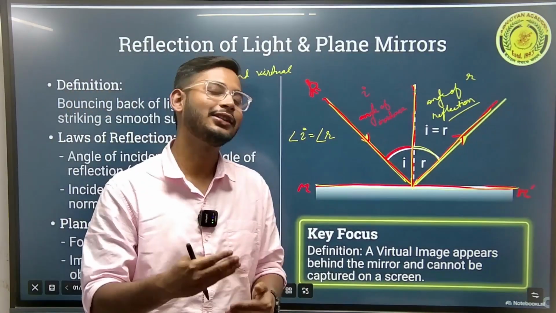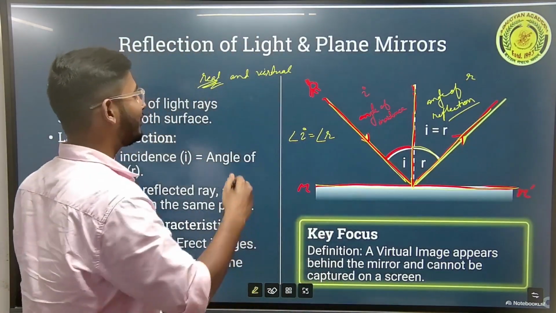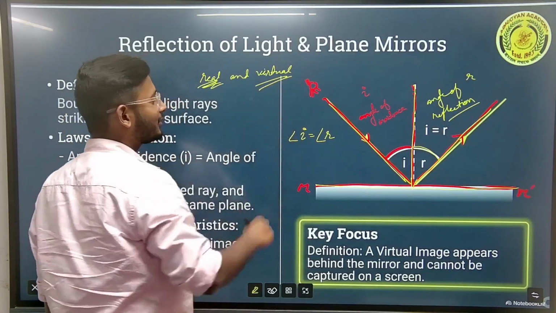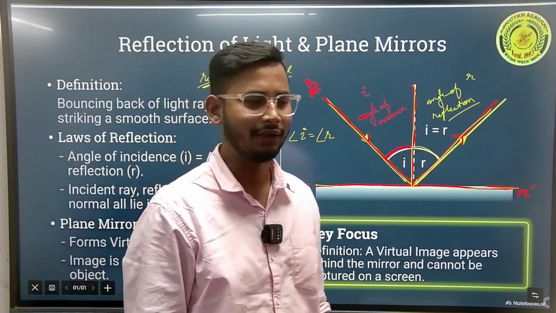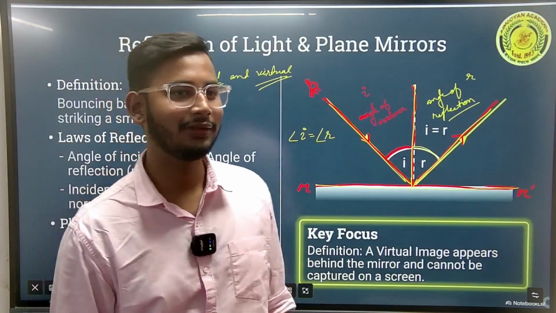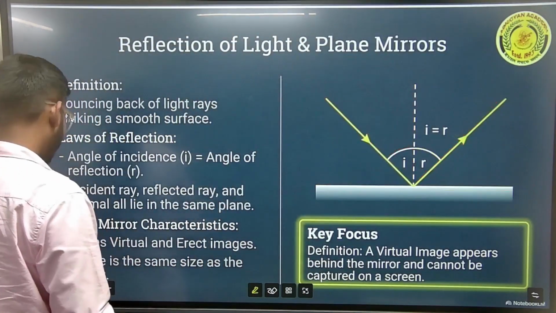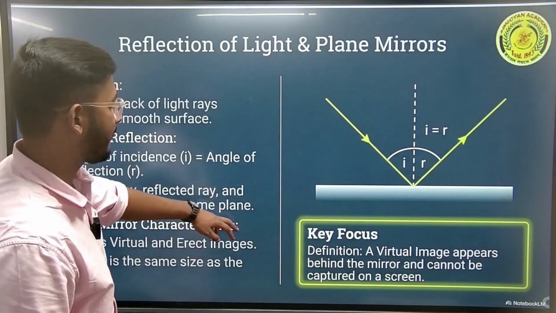It looks like they are coinciding, but they are not. In this case we get a virtual image. We will talk more about virtual and real images, and you will understand.